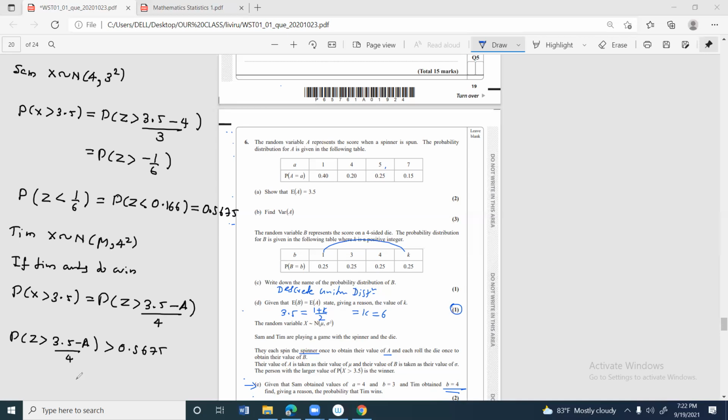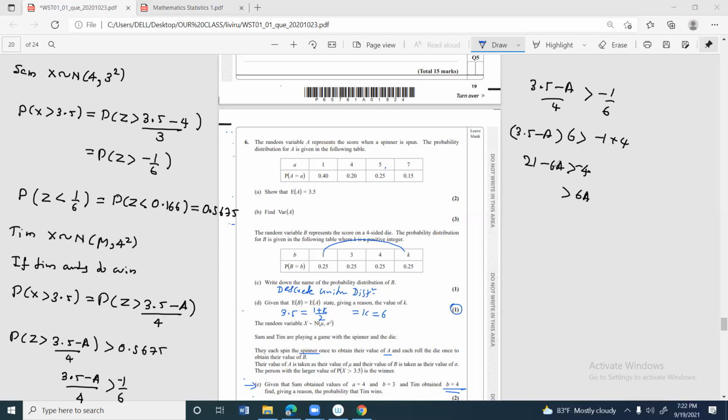So without much simplification, we can write 3.5 minus A divided by 4 should be greater than minus 1 over 6. If you simplify this across, 3.5 minus A times 6 should be greater than minus 1 times 4. 3.5 times 6 is 21, so 21 minus 6A should be greater than minus 4.